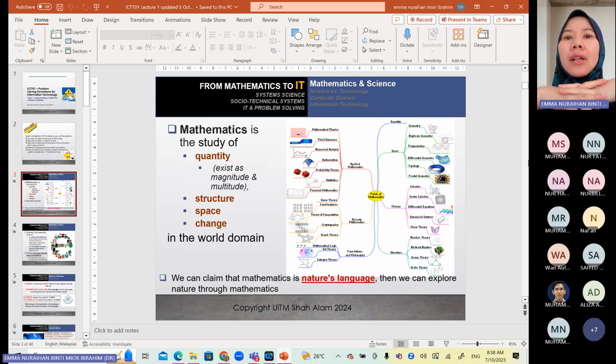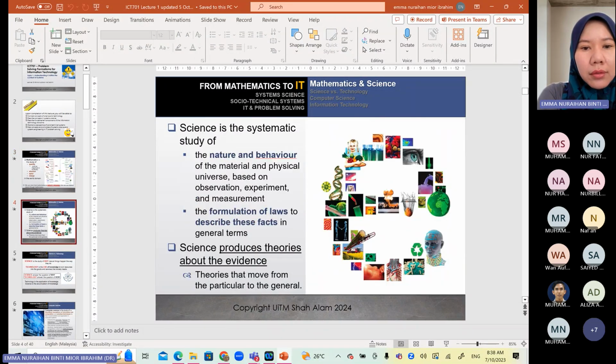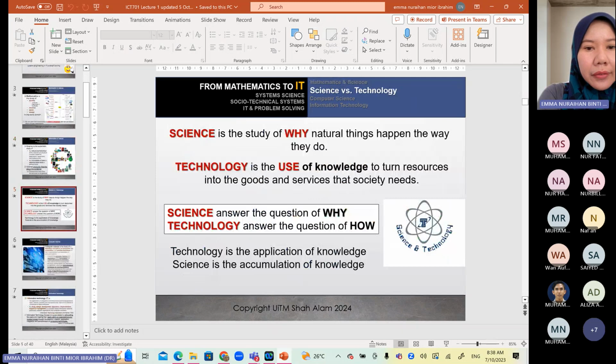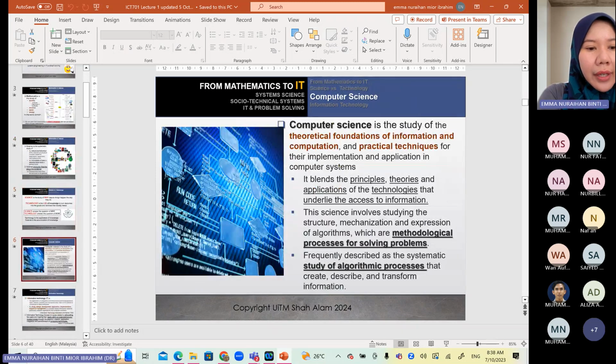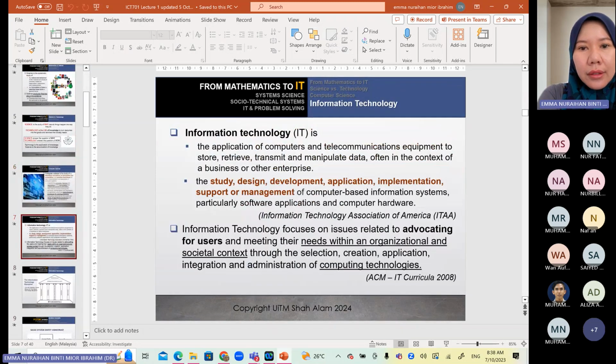So I just want to run through because there are 40 slides and I don't want to take much of your time. So I will just run through in summary. Slides 3, 4, 5, 6, 7.